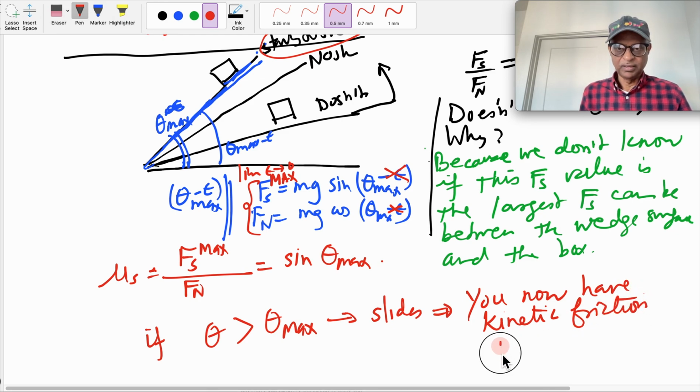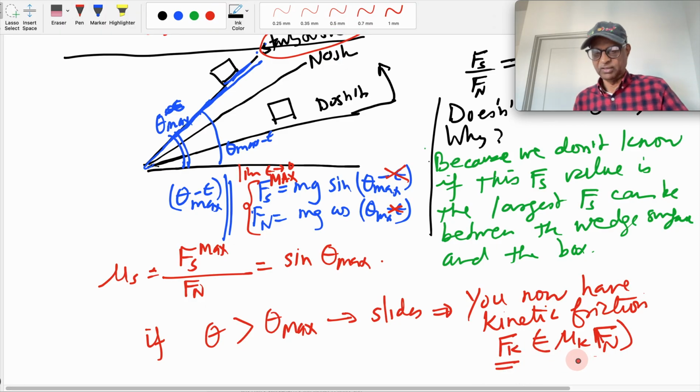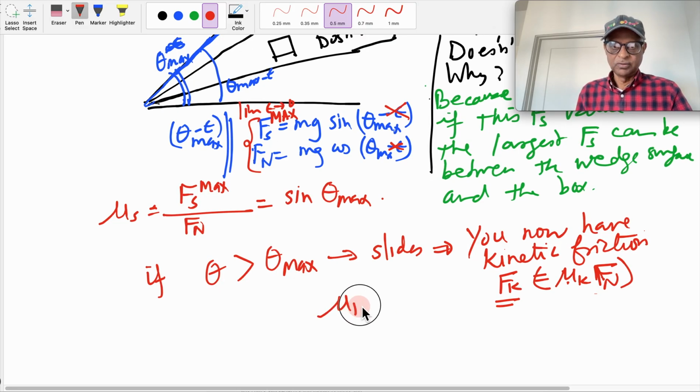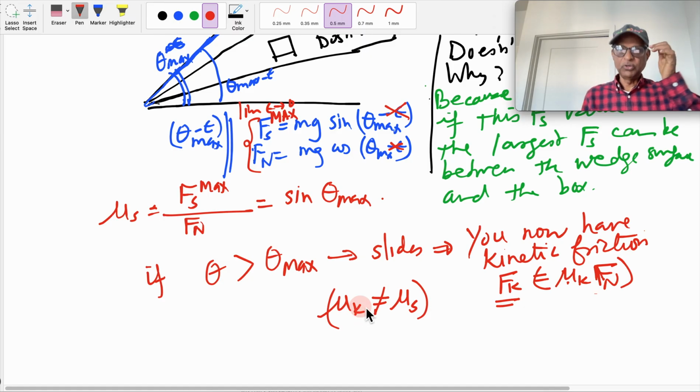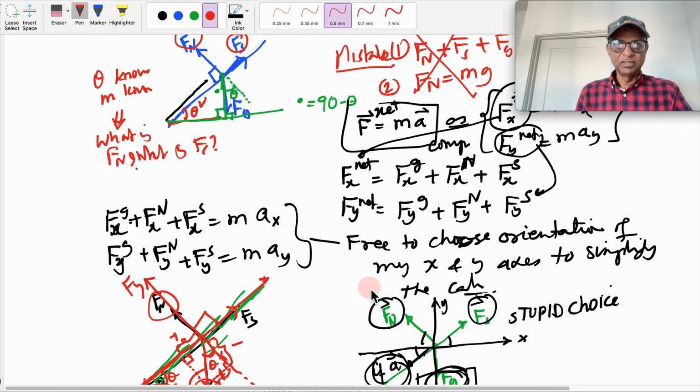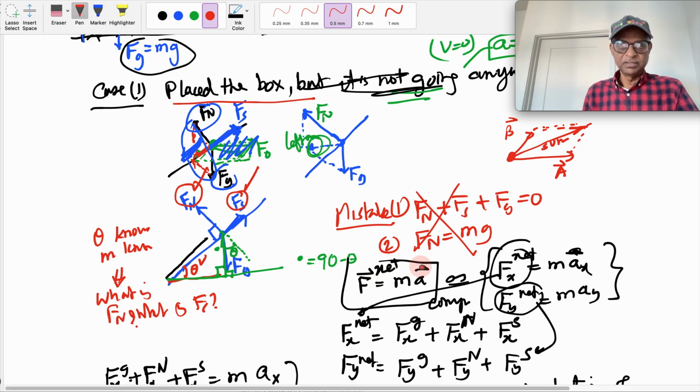You'll have an Fk, which is usually written as mu k Fn. You can just leave it Fk, or replace it with mu k Fn, and mu k is not mu s. Usually mu k is smaller than mu s. All right, so that's a very classic problem, and what we can gain from it.